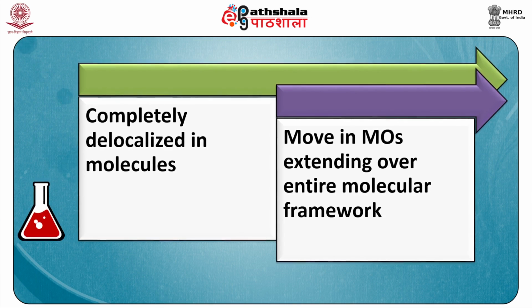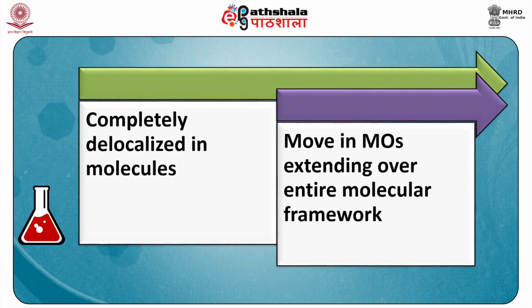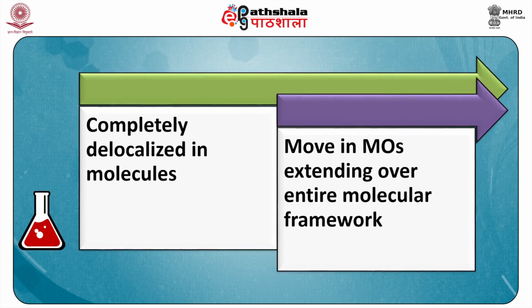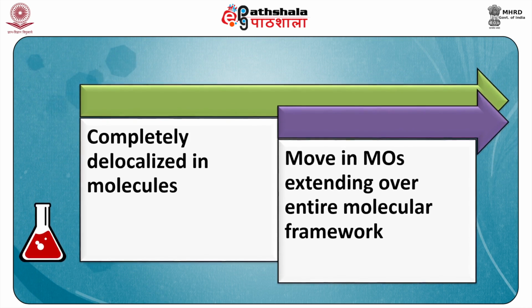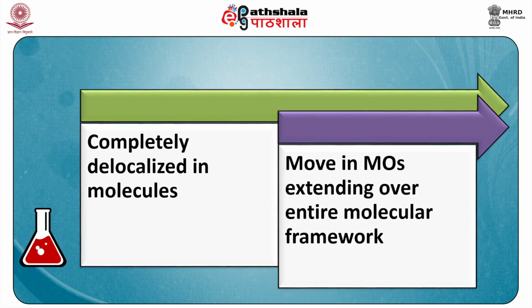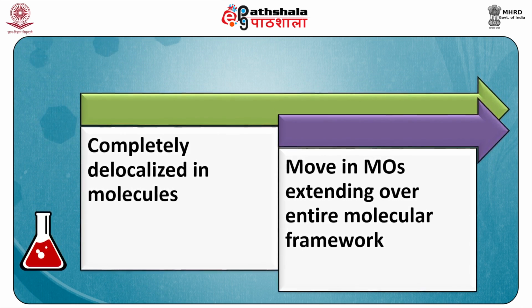Based on the pioneer work of Walsh, Gimarc has specified the following assumptions for the application of qualitative molecular orbital theory. These are: electrons are completely delocalized in molecules. Further, they move in molecular orbitals extending over the entire molecular framework.